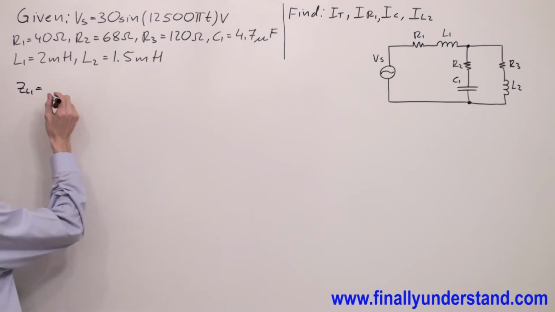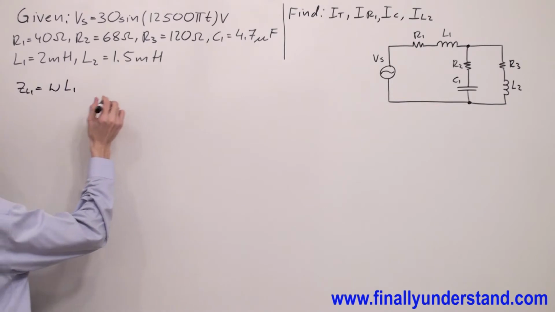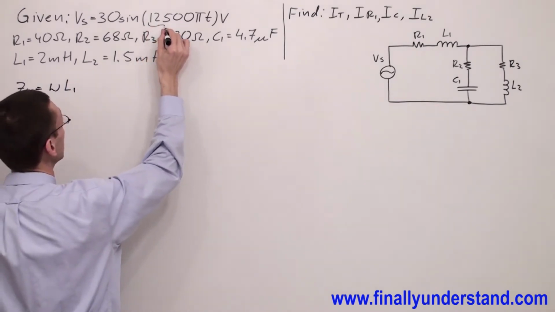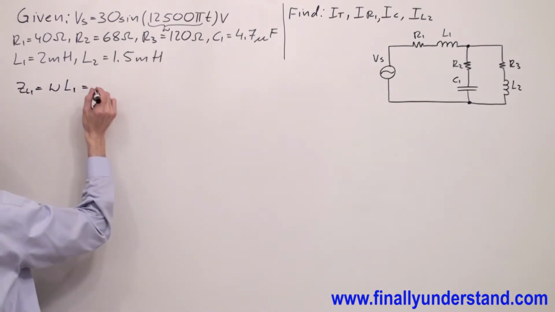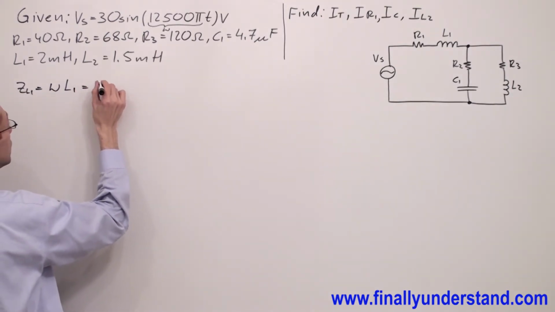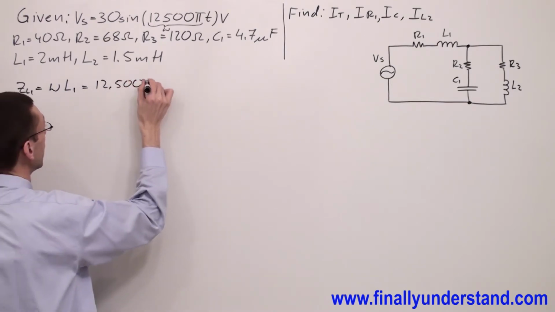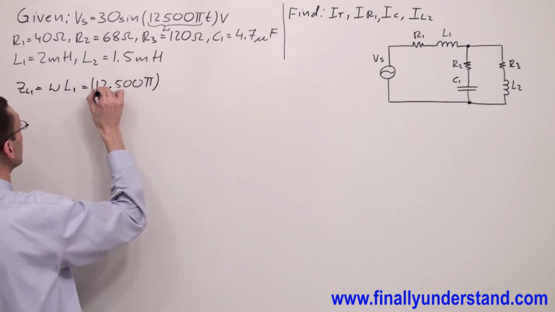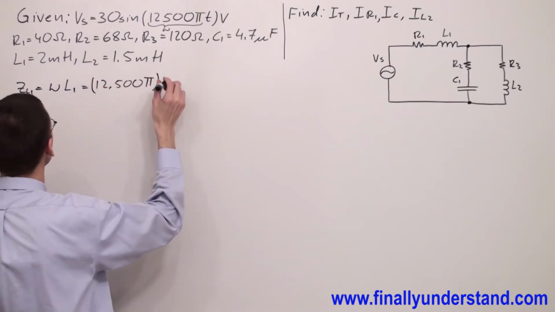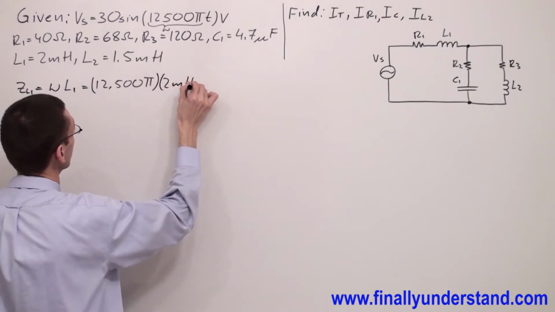ZL1 is equal to omega times L1, where this is my omega. So I have 12,500 pi, of course radians per second, times L1, which is equal to millihenries.